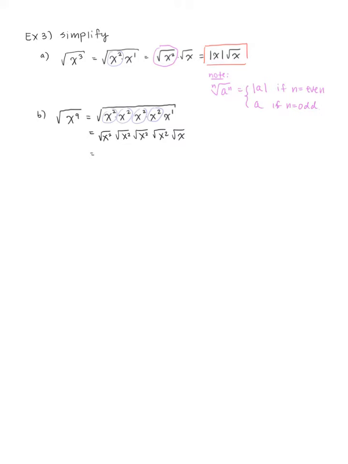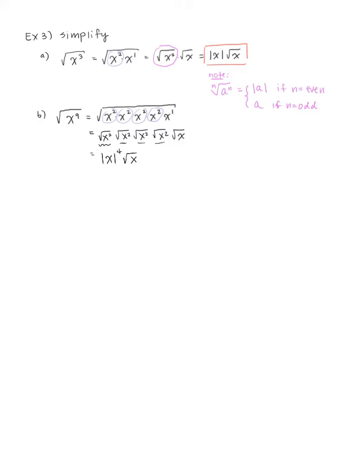Now, again, the square root of x squared is the absolute value of x. So how many absolute value of x are we going to have? Well, 1, 2, 3, and a 4. So we got the absolute value of x to the 4th times the square root of x. Okay, but now let's just look at that absolute value of x to the 4th.